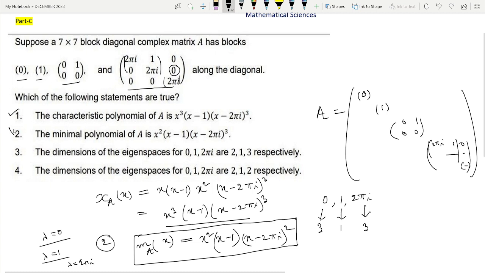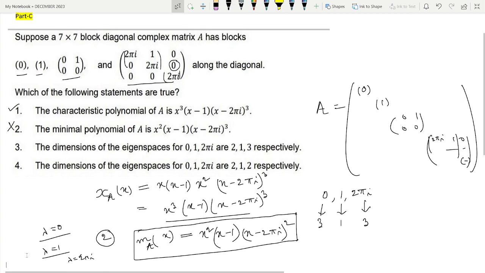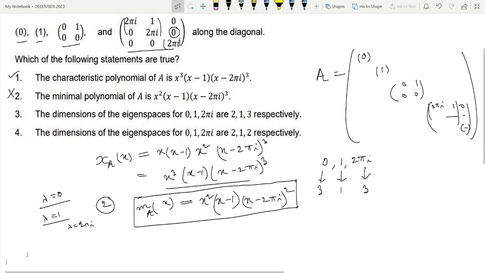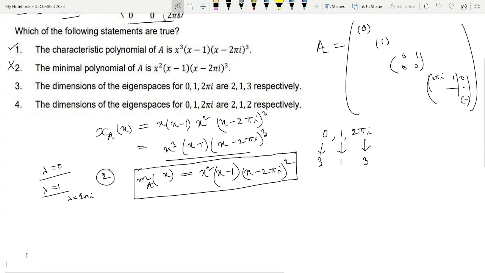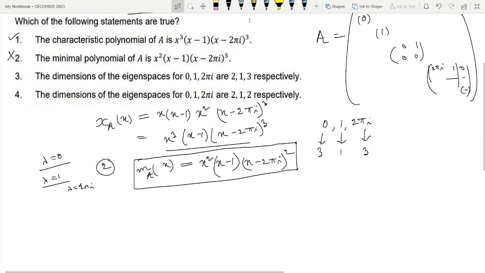Okay, so the characteristic polynomial and the minimal polynomials of A have been studied now. Then we come to the option 3 and 4. This is about the dimension of the eigenspaces corresponding to the eigenvalues of A. That is actually related to geometric multiplicity.